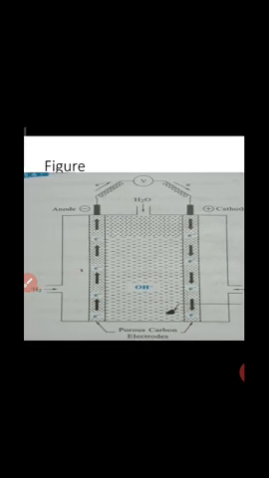Then we pour KOH or NaOH in between the two porous plates, which acts as the electrolytic solution, and these two porous plates, which act as anode and cathode, are connected in a circuit with a wire through the voltmeter. That voltmeter measures the energy produced in the circuit, and this is the fuel cell.